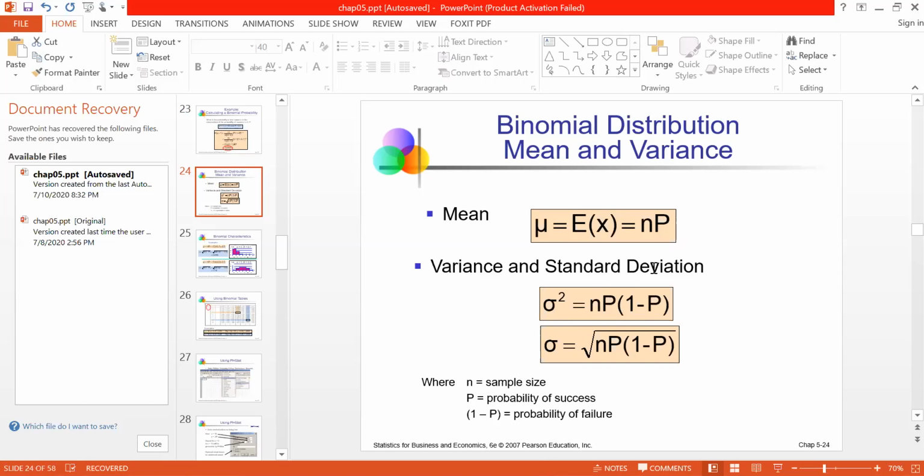In Bernoulli, the variance was p times 1 minus p. In binomial, it will be n times p times 1 minus p. So this is the mu and variance for binomial distribution. I already taught it in Bernoulli. Since the concept comes from Bernoulli, I'm not going to show the entire derivation again. You just have to multiply by n.